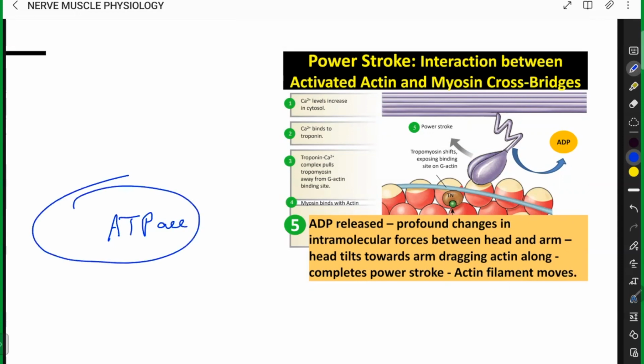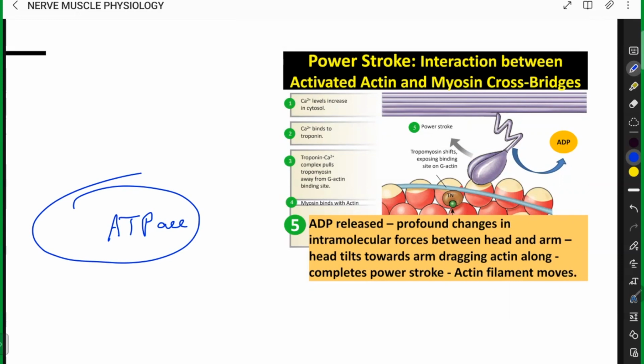Because of this calcium influx, there is going to be ATPase. This ATPase produces ADP. Because of the production of ADP and phosphate, the energy is going to cause your power stroke.